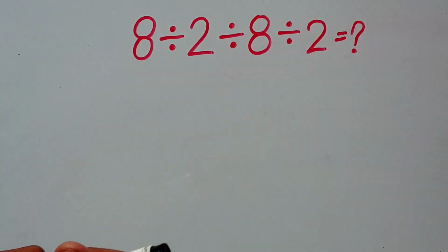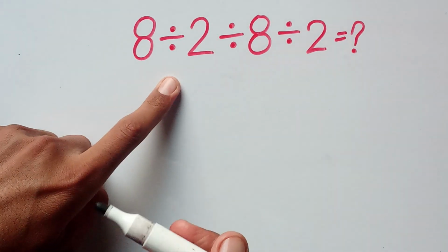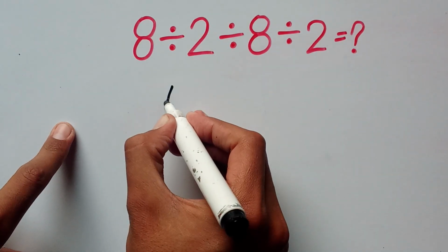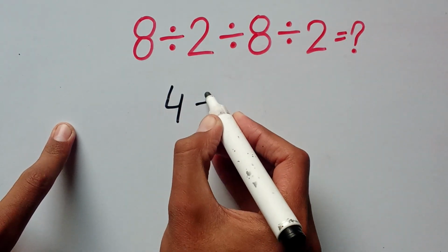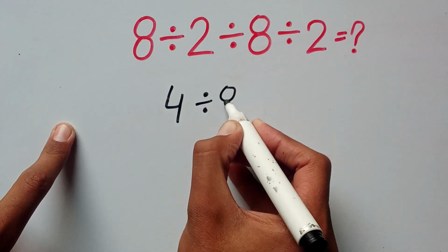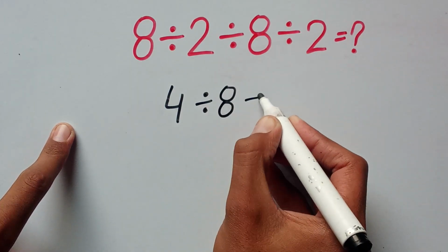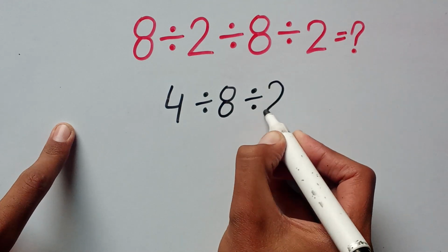Okay student. 8 divided by 2 equals 4. The division by 8 I write as it is, and the division by 2 I also write as it is.